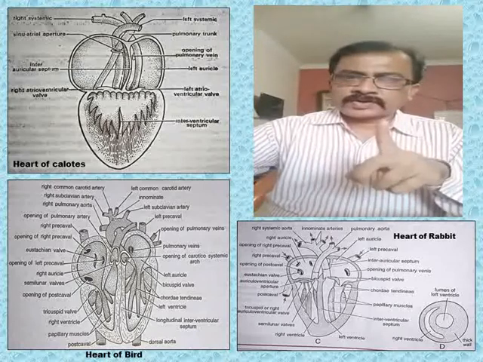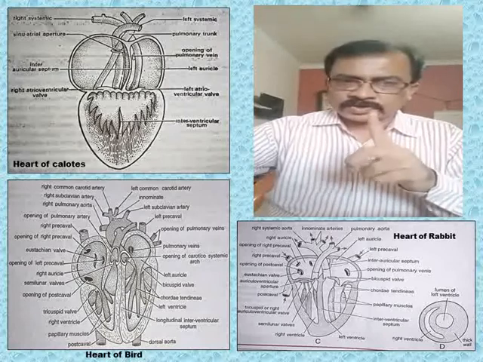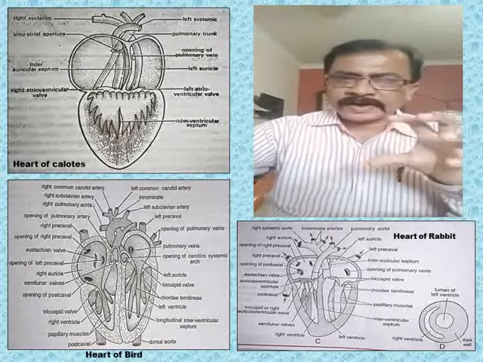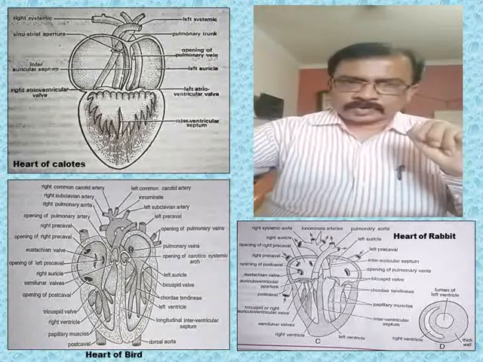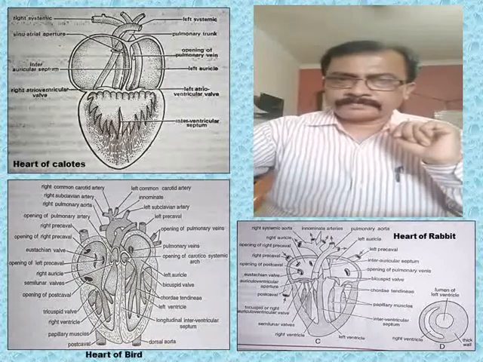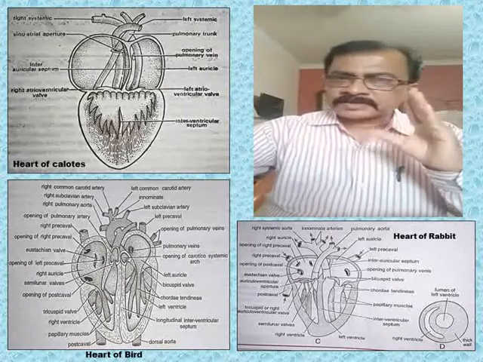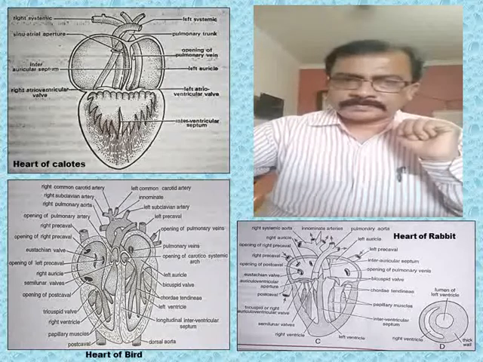Two auricles, one incompletely divided ventricle and one sinus venosus, and all are faintly demarcated externally. We are going to find the marks which show all these parts, faintly, lightly demarcated externally.